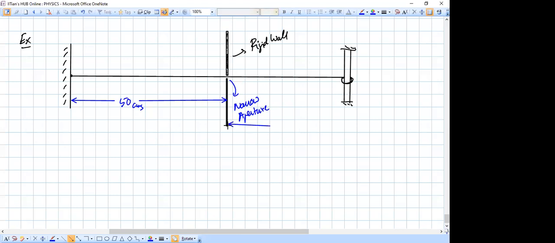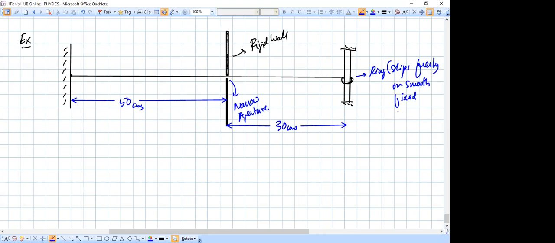The total length is 80 centimeters. Okay, and we have some other parameters. So again, this is a ring which slips freely on the smooth fixed vertical pole and all that.